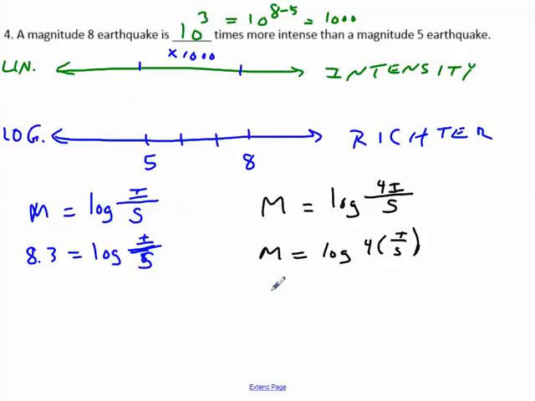And now, using our rules of logs, log of AB equals log of A plus log of B.